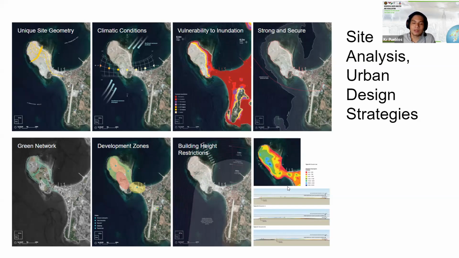And then, because there was a nearby small airport, that presented us with building height restrictions. So we also looked at that and mapped it with the development zones and green networks.